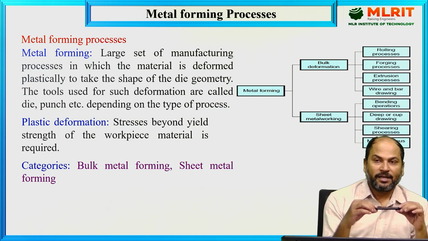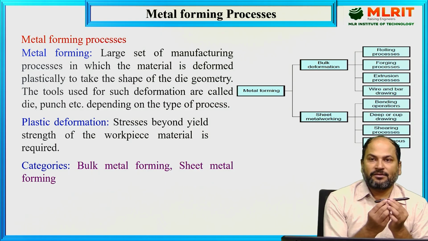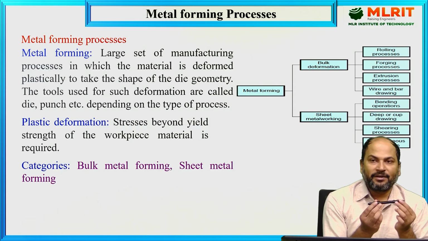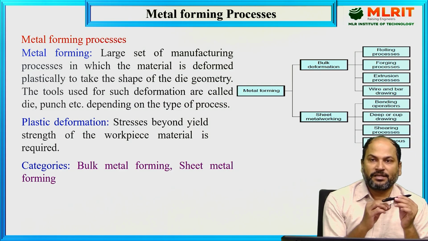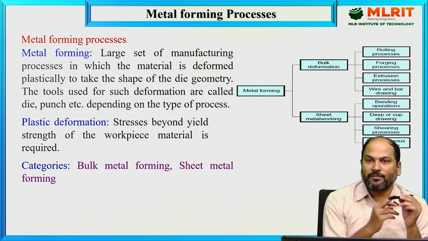For example, this stylus is in my hand. Suppose I have to increase the length of this stylus. What I will do is apply a tensile force from both sides. I will pull this apart, so its length will increase. The most important thing is that as we are changing its shape permanently, that will be a permanent deformation.